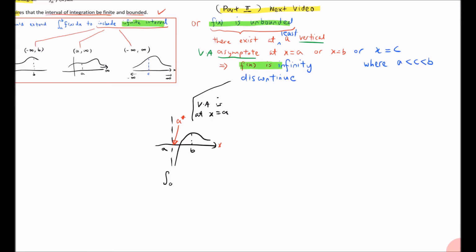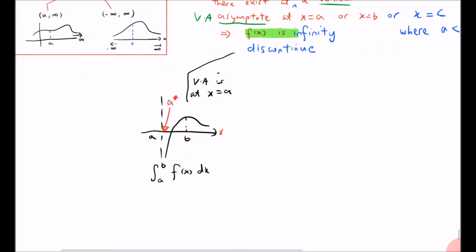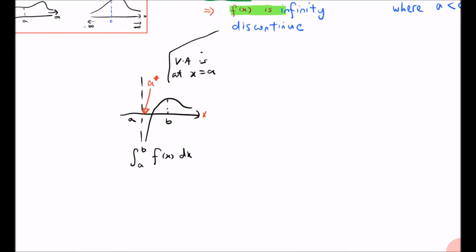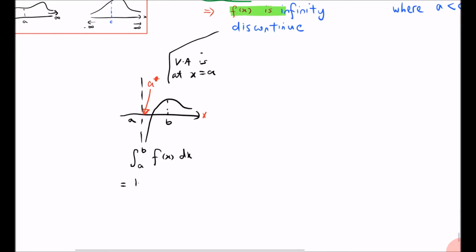You write the integral from a to b of f(x) dx equals limit, we use another letter, c approaches a plus, because a plus is a value that is slightly more than a. So this is your a plus.